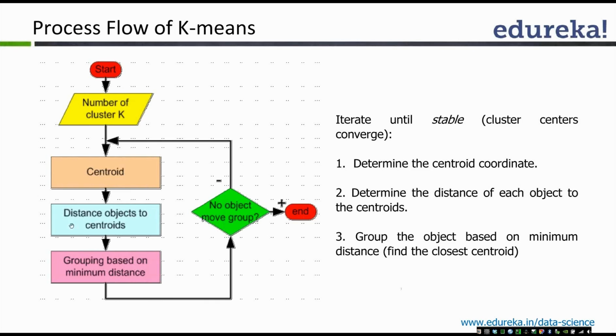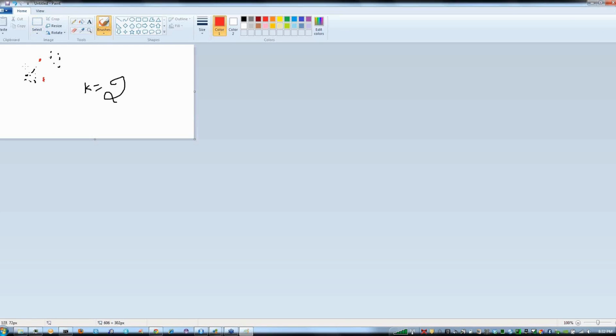So I compute the distance between my data objects and the centroids. Now, what do I do with these distances? I use these distances to assign my individual data points to the best cluster centroid that I can come up with. Let's say I have this data point, and I compute two distances, one to this red point and one to the other red point.